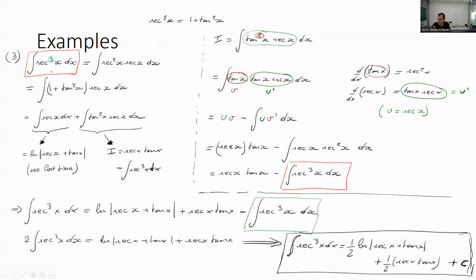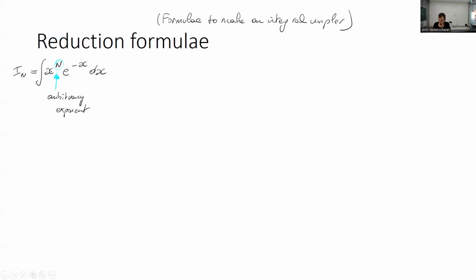So let's do that. Let me go back to the notation and make sure I use the same notation. So here, for u prime, we choose e to the minus x, and therefore we make x to the n into our v. What are we going to get? I'm going to do it in one step now. I get u times v. So if u prime is e to the minus x, u is minus e to the minus x, times v, so x to the power n.